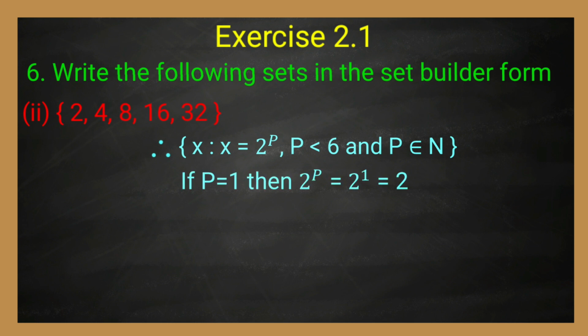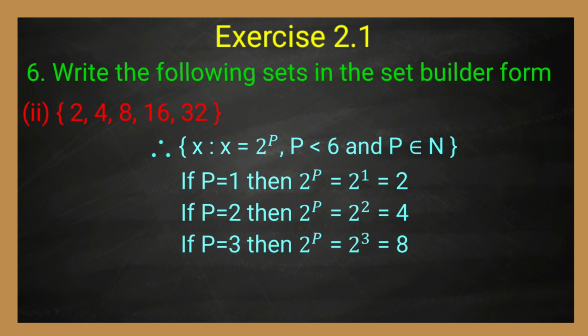If p equals 1, then 2 to the power of p equals 2 to the power of 1, that equals 2. If p equals 2, then 2 to the power of p equals 2 square, that equals 2 into 2, that equals 4. If p equals 3, then 2 to the power of 3 equals 2 into 2 into 2, that equals 8. If p equals 4, then 2 to the power of 4 equals 2 into 2 into 2 into 2, that equals 16.